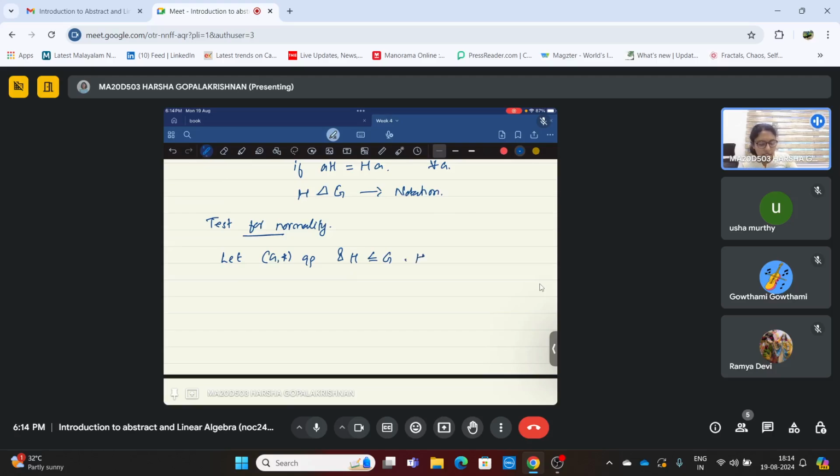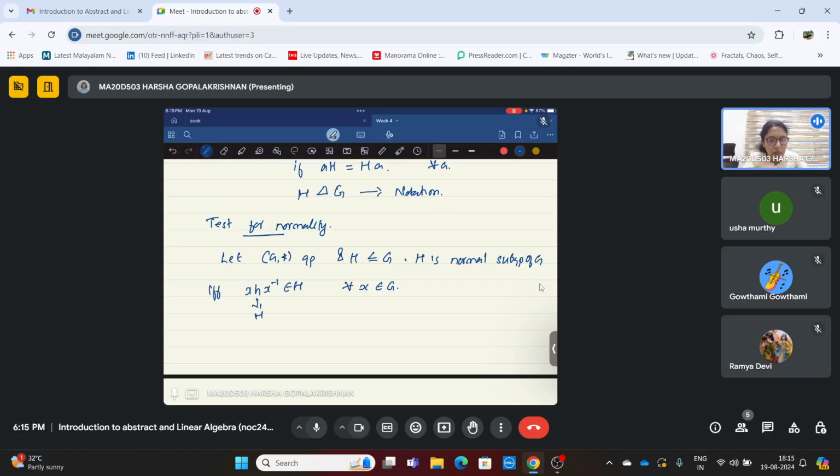Now H is a normal subgroup of G if and only if xhx⁻¹ belongs to H for all x in G. That means if we take any element h from H and are able to prove that xhx⁻¹ belongs to H for every x in G, then we will say it is normal.